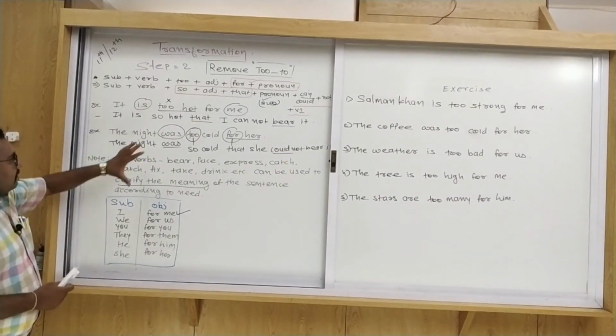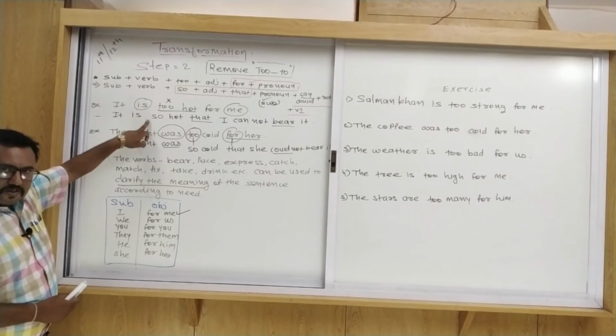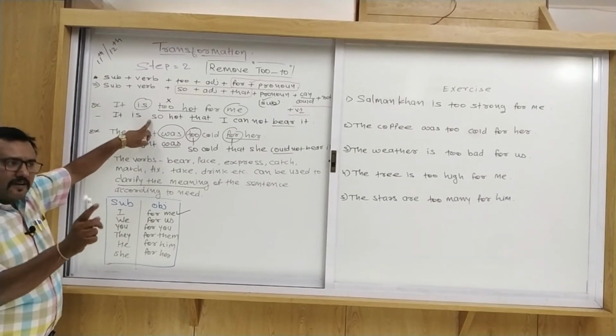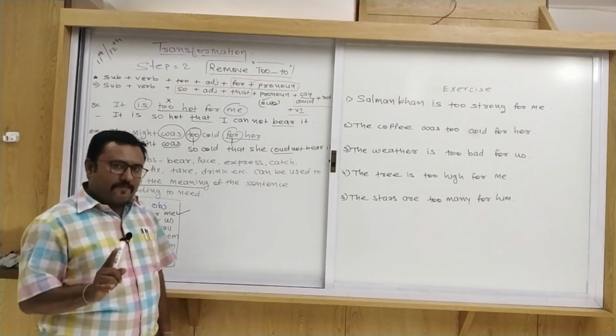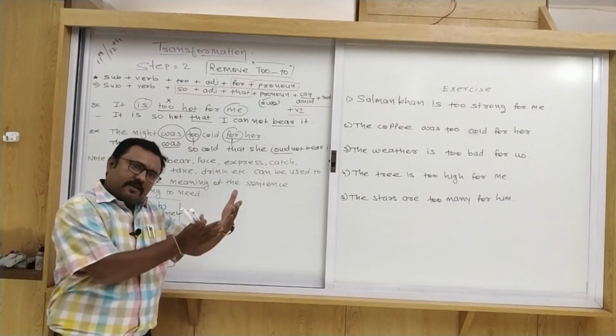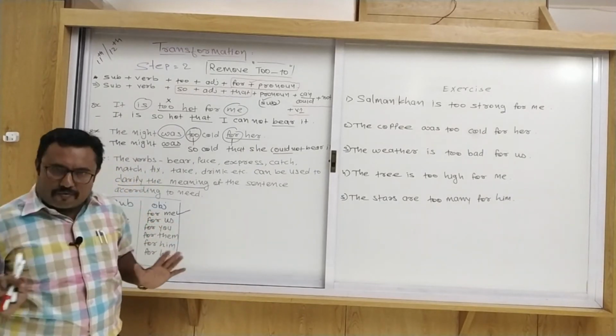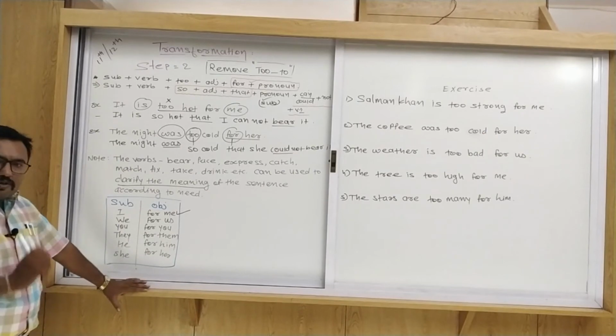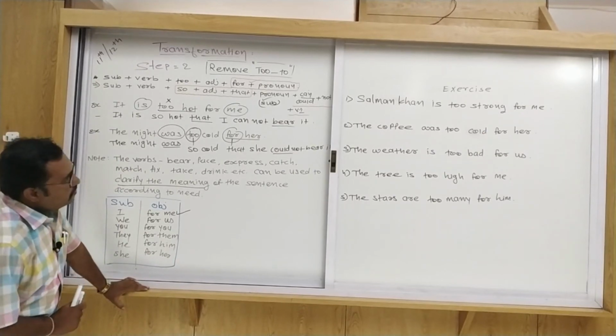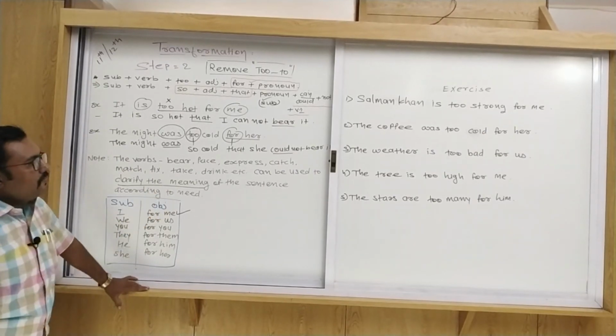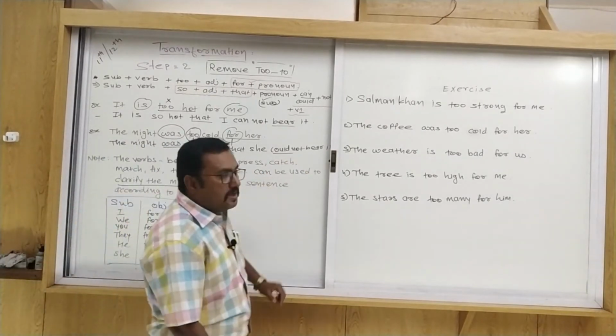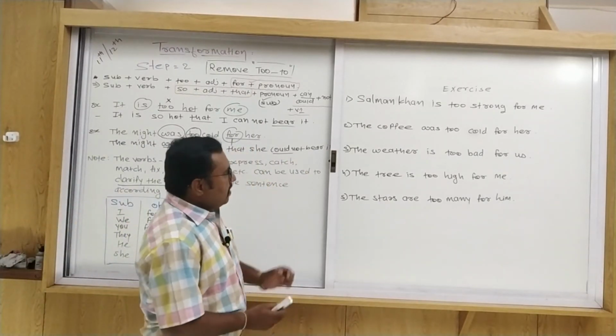Suppose the present tense is used here, you can write can, you can also write will. And suppose the past tense, could or would. Okay, suppose you have understood very well, then we will do the exercise once again.